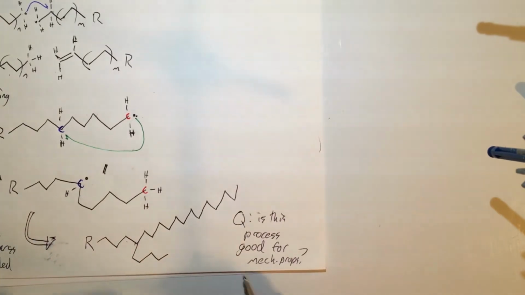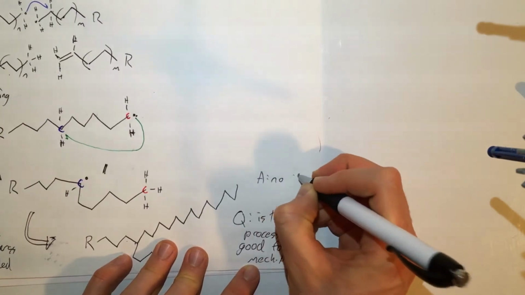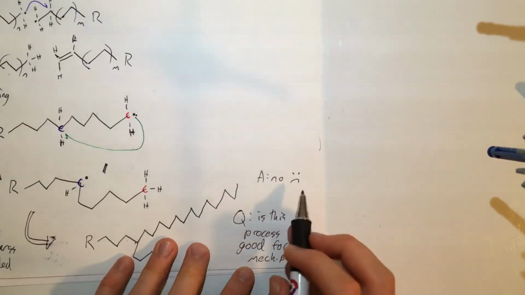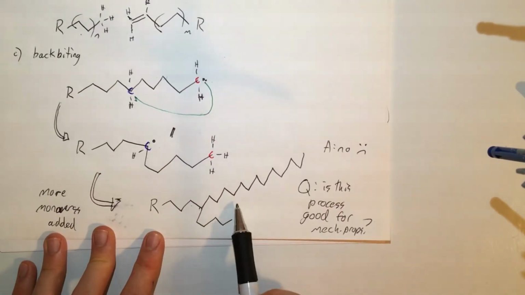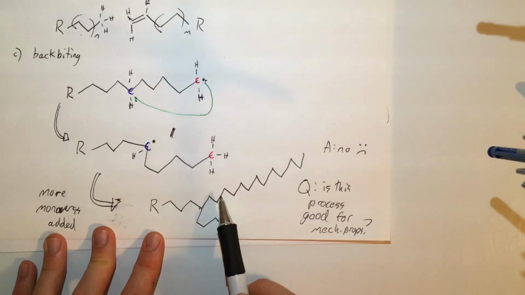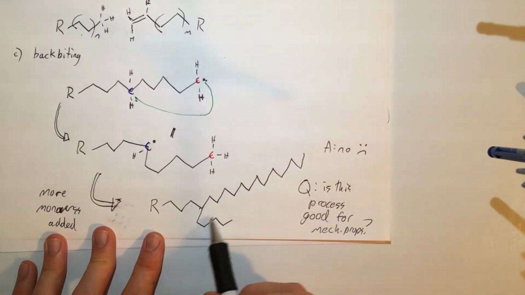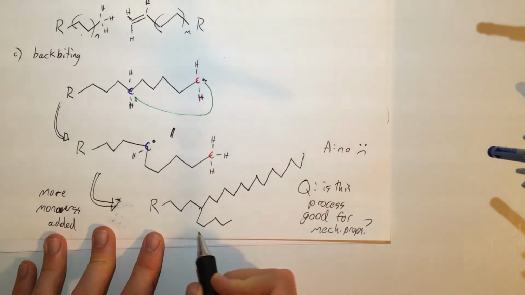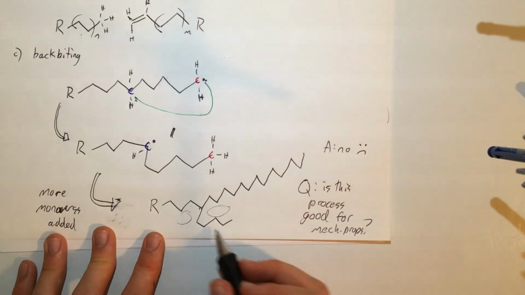Spoiler alert, no, it isn't. And why isn't it good? Well, if you think back to when we were talking about molecular interactions between chains of adjacent polymers, if we have lots of side groups coming out, then chains can't pack very evenly, so we get dead space around the side groups.